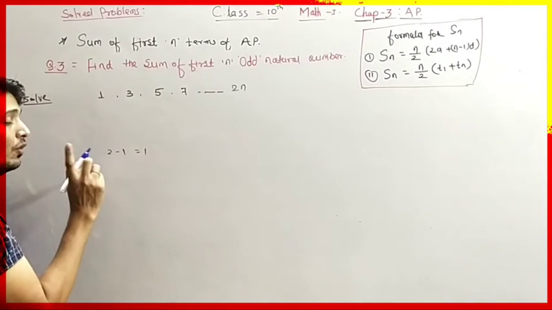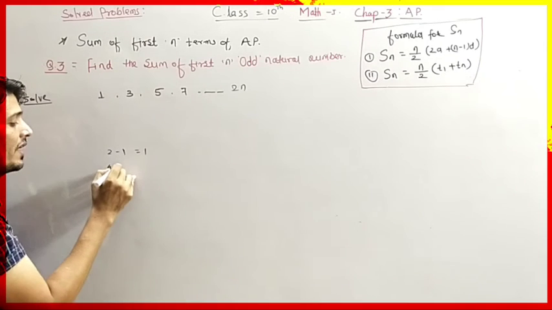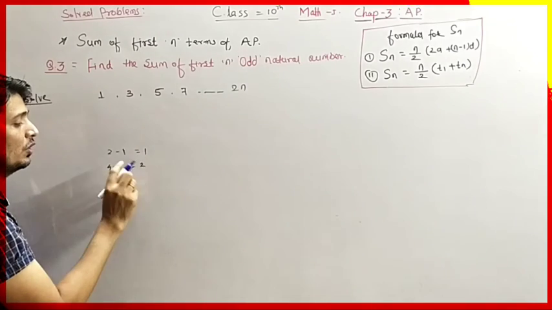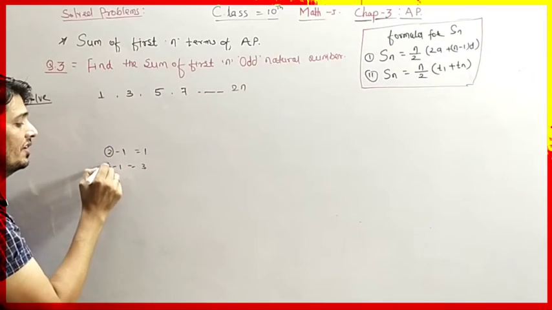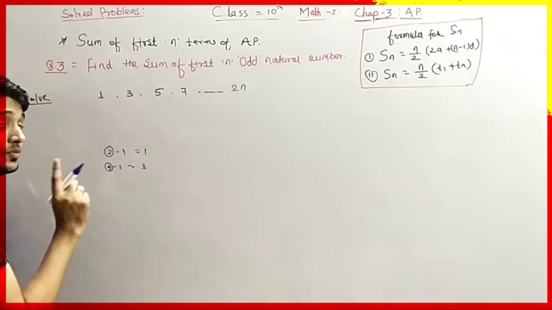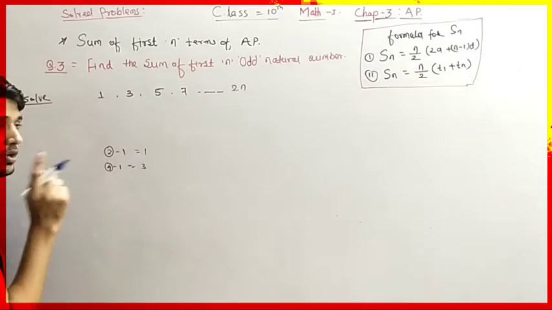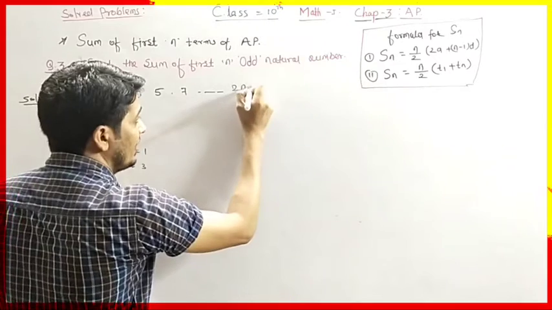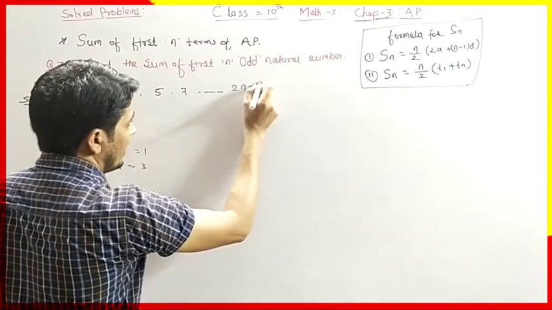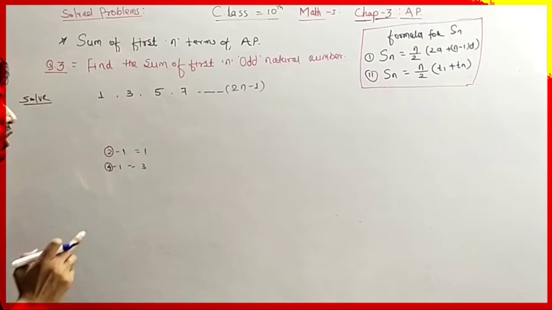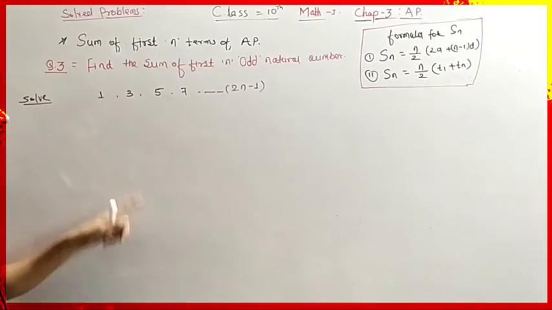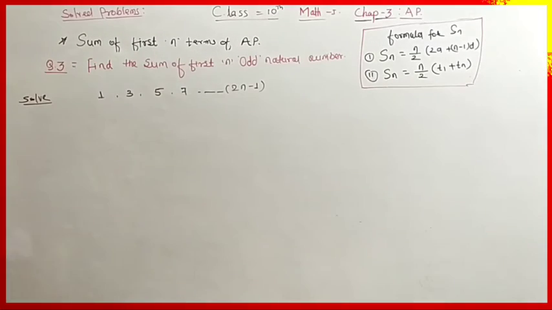Then 4 was the second number, so 4 minus 1 is 3. So what is happening? Actually we are subtracting 1 from the even number and we are getting the odd number. That means from 2n we subtract 1, then we will get the last odd number. Okay, so this will be our arithmetic progression.